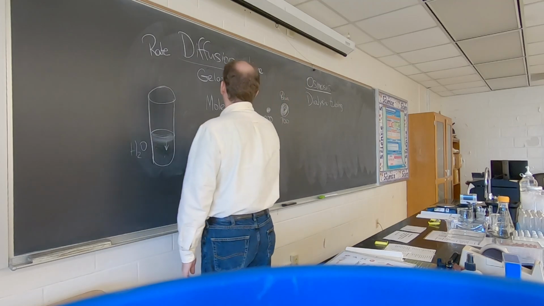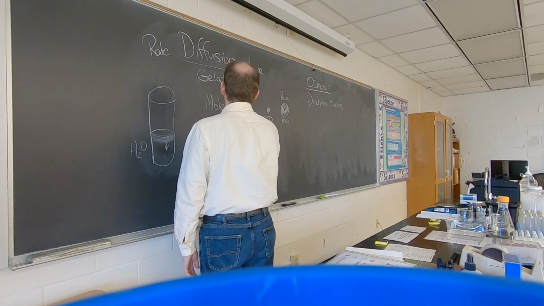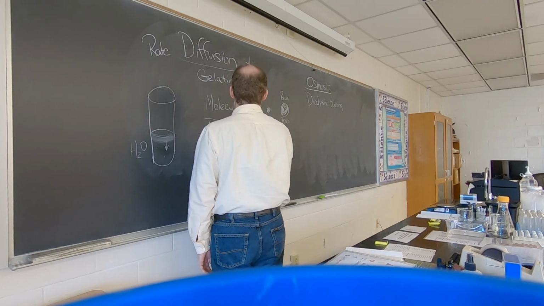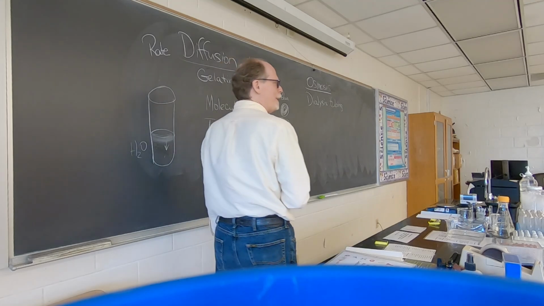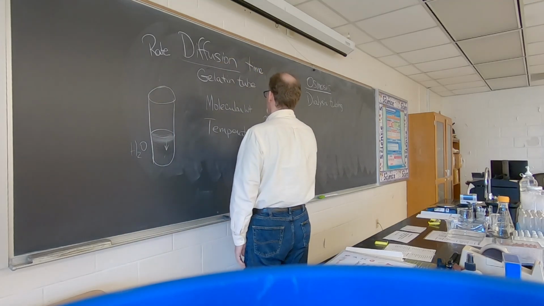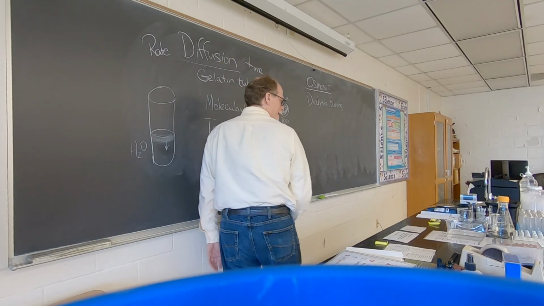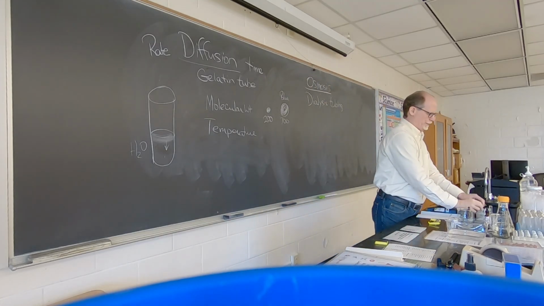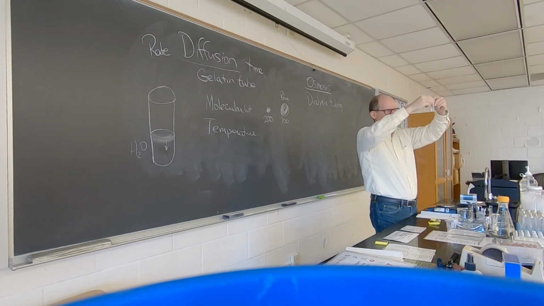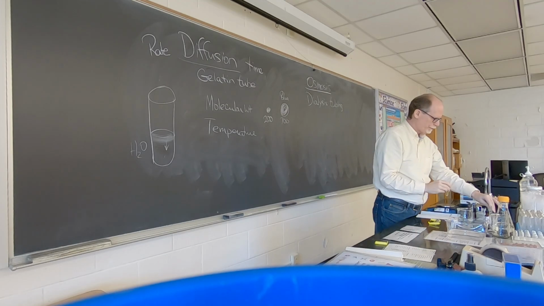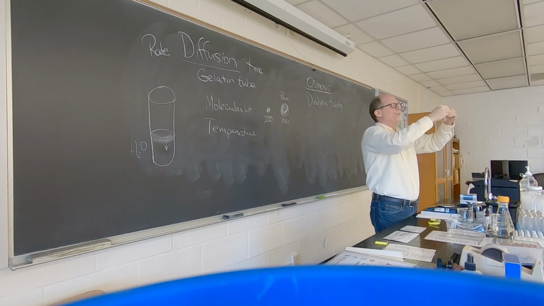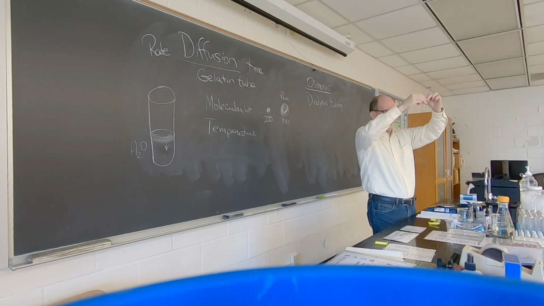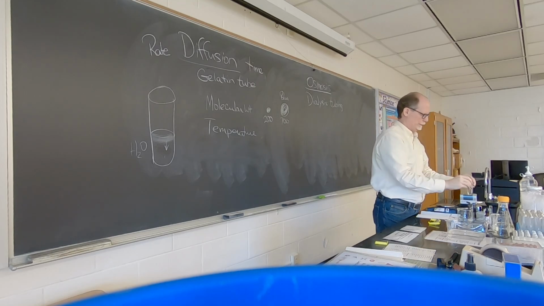So that's one of the parameters. I don't think I've used parameter before. One of the parameters that we would do in this experiment, if you were doing these in your lab, I would tell you to add drops of the dye to the top of these tubes, and then in an hour, we would measure how far the dye went down into the gel.